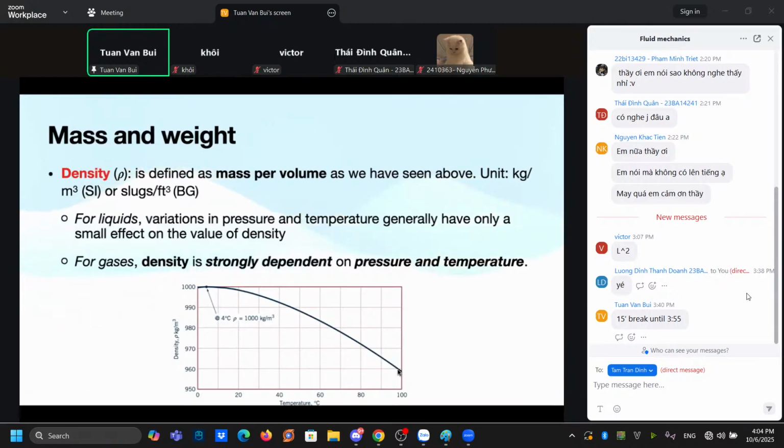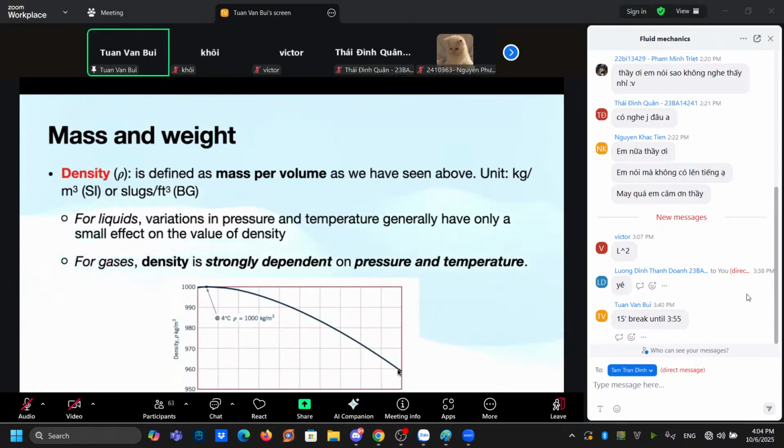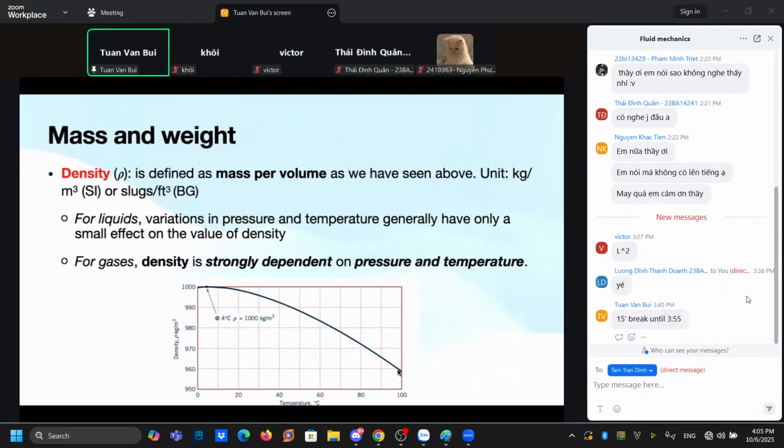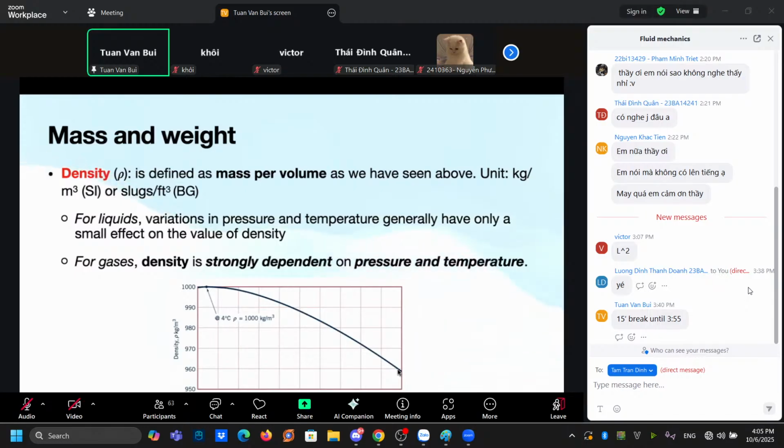Okay? So when we change the temperature, the space of the molecules in water will increase. So when the space increases, the number of molecules in 1 cubic meter will decrease.